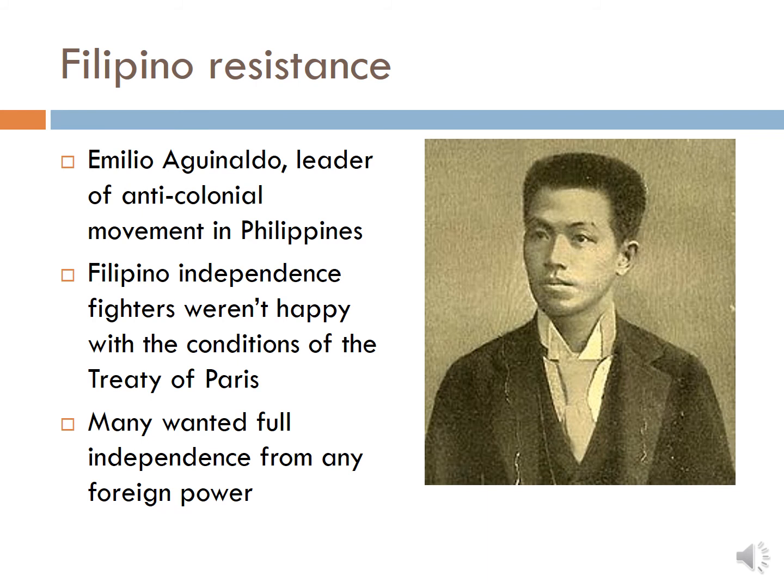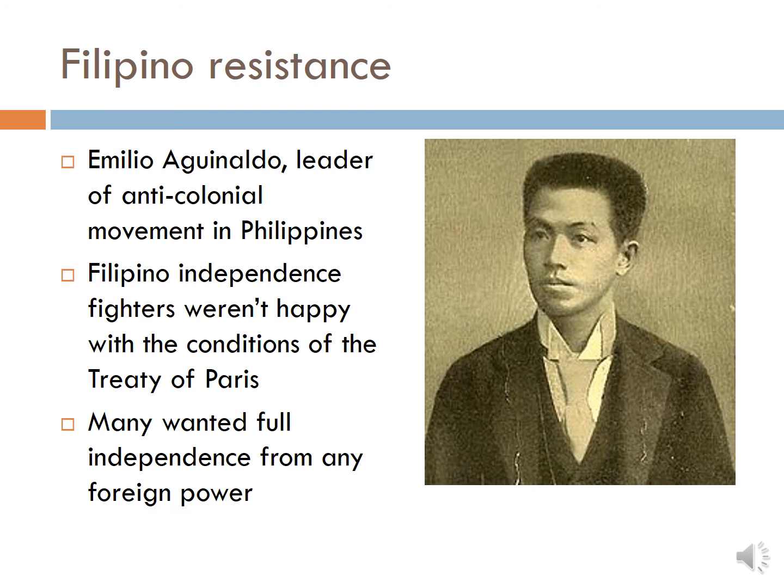But once the Treaty of Paris of 1898 was signed, he realized right away the Americans don't want to let us have our independence. In fact, the Americans simply want us as a territory. So the Filipino resistance movement rises up and forms a resistance against the Americans.